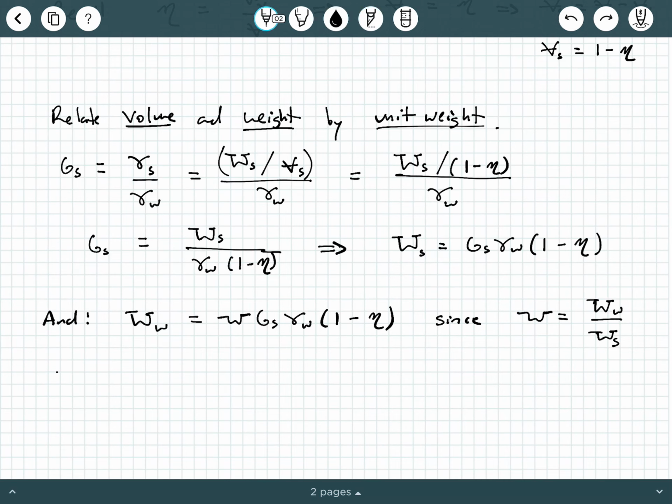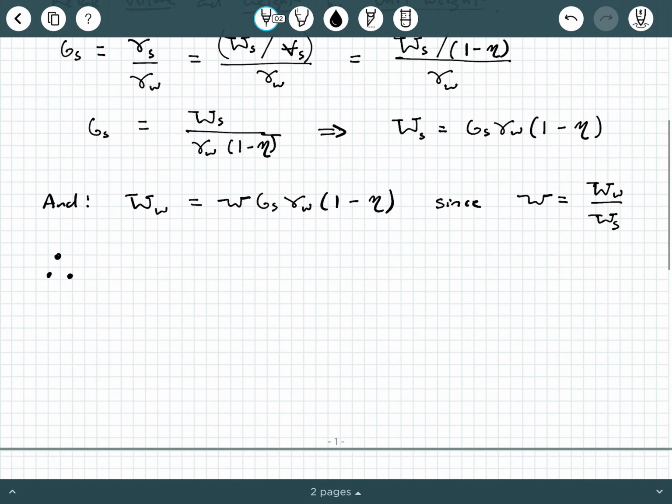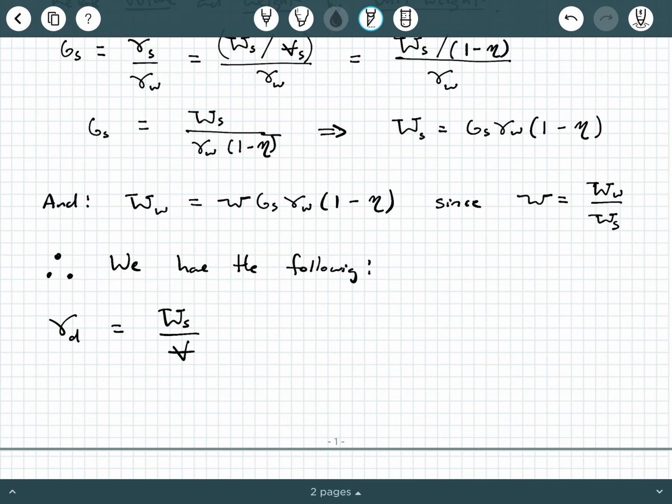And then we can say, therefore, we can develop the following. We can say gamma dry will equal weight of solids over total volume. That's just the definition of gamma dry, nothing new there.